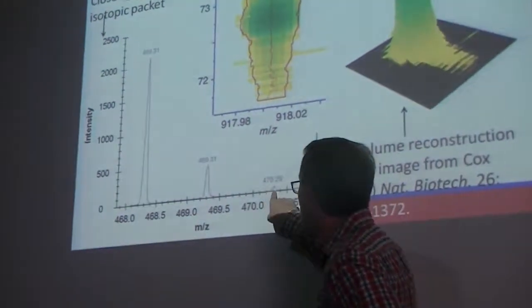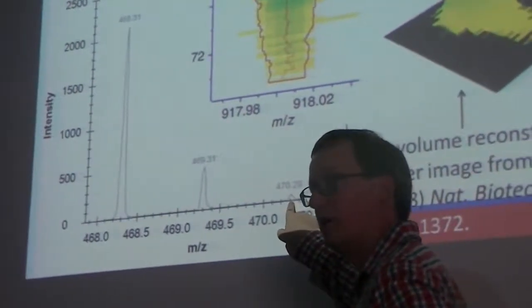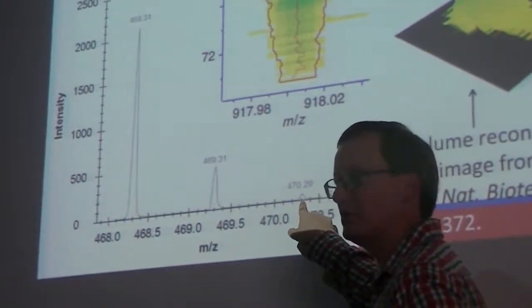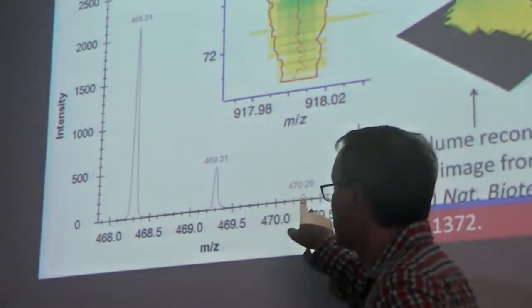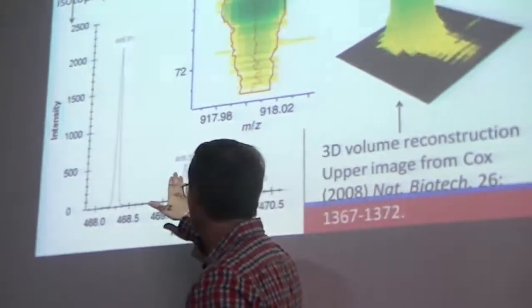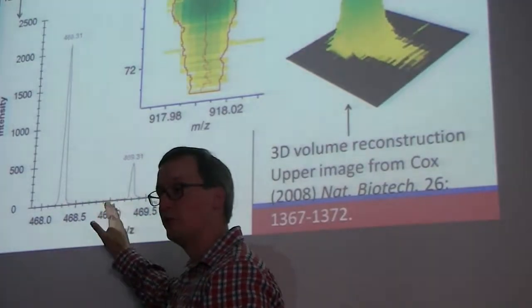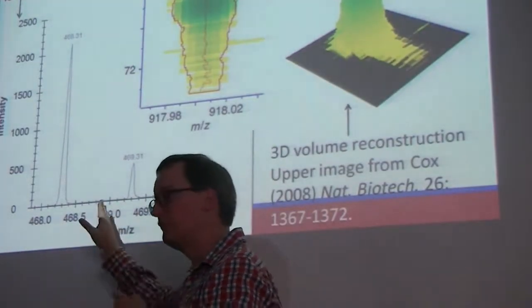And maybe some of them have either 2 carbon 13s or they have 1 heavy oxygen on board. Probably the 2 carbon 13s is a more likely scenario. So this is 1 chemical compound with the same chemical formula, but a difference in how many neutrons are in the nuclei. Okay, so even so small a difference as that is easily discernible through Fourier transform mass spectrometry.